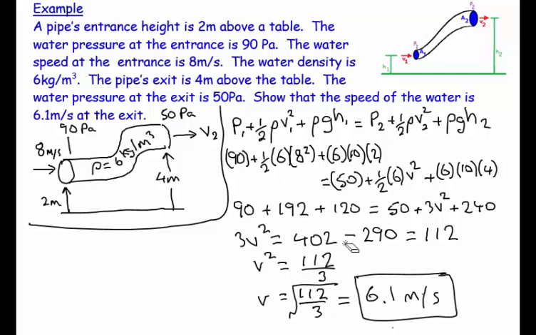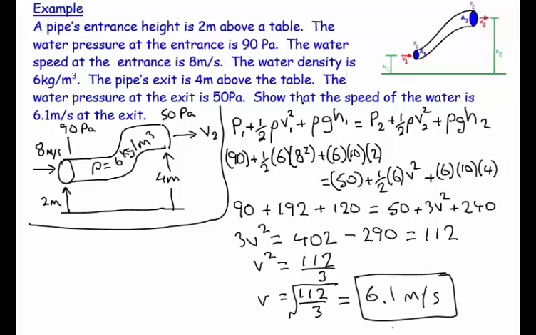And there we have it. It's an involved equation. There's a bit of memorization there. But basically, you know, one equation, one unknown. I can only miss out one thing. So I could not tell you the final pressure and ask for it, or I could not tell you the final velocity and ask you for it, or I could not tell you the final height and ask for it, or I could not tell you the density of the fluid and ask for it.